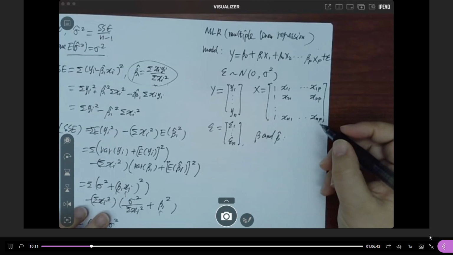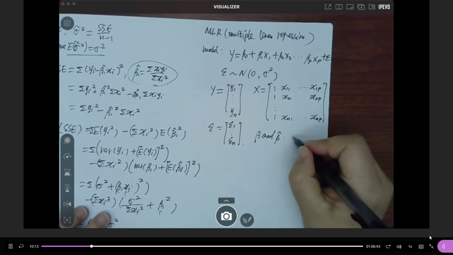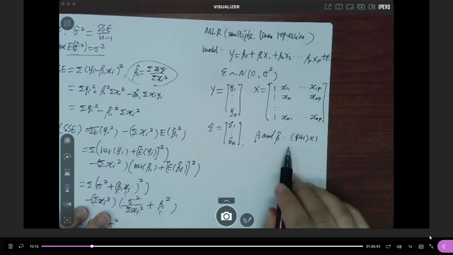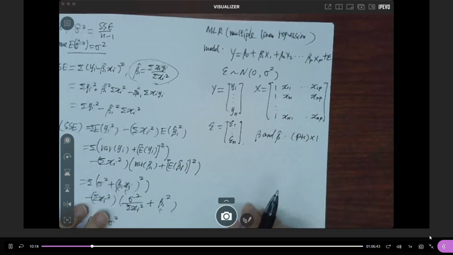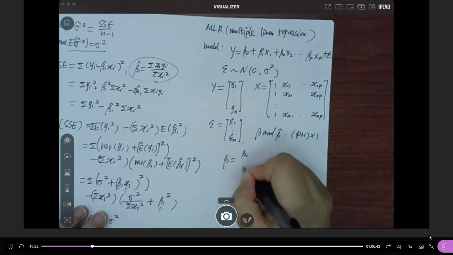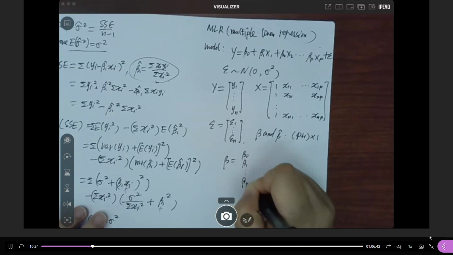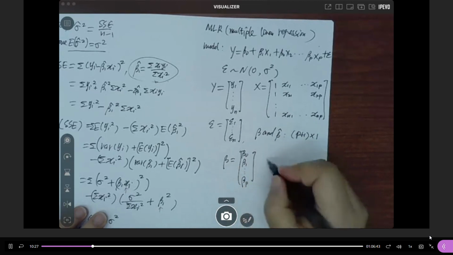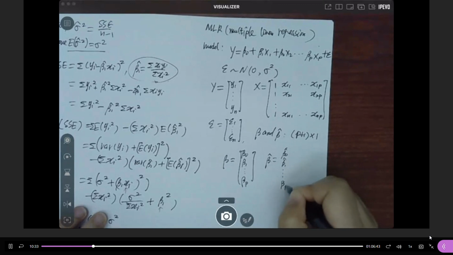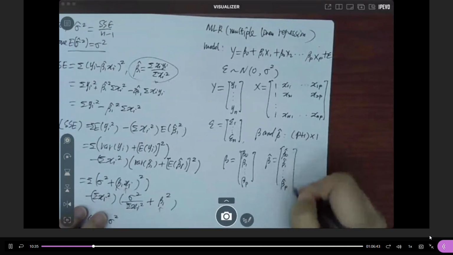So the dimension is p plus 1 by 1. This notation shows it is a column vector. So basically, you can write your beta equal to beta 0, beta 1, all the way to beta p. Similarly, beta hat equals beta 0 hat, beta 1 hat, all the way to beta p hat. Okay, this is just our notation.